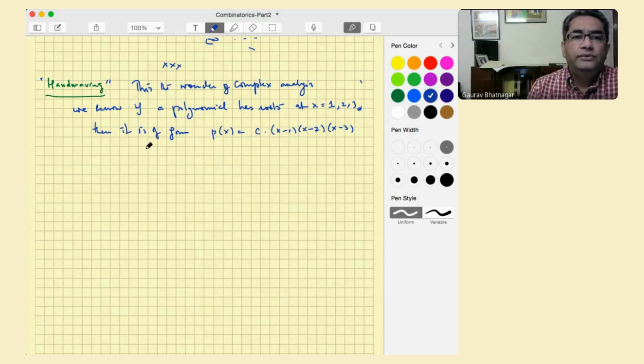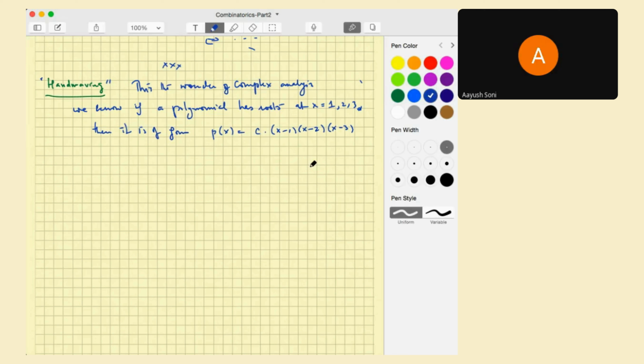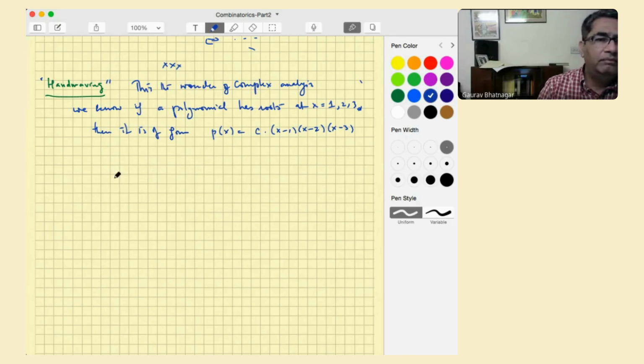So you agree that if a polynomial has these three roots, then it looks like this, right? Yes, Professor. So, what about something like sine pi z? Where are its roots? The roots are 0, 1, 2, 3, and so on, and also -1, -2, -3.